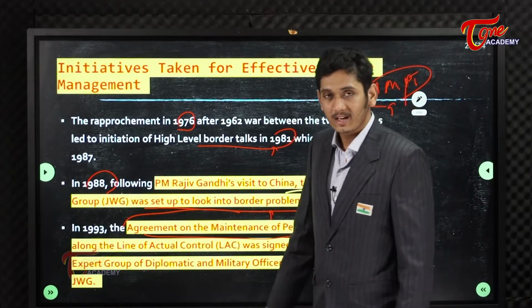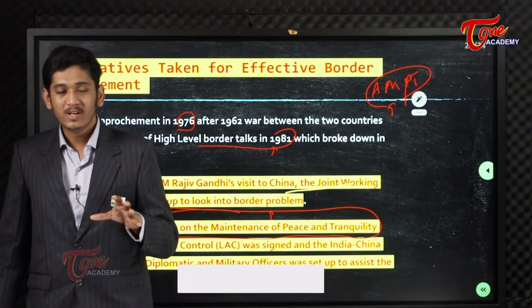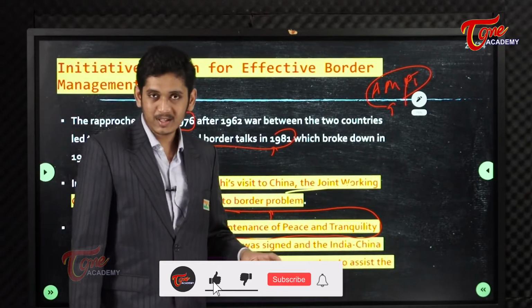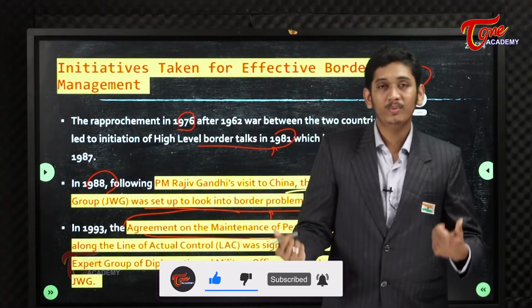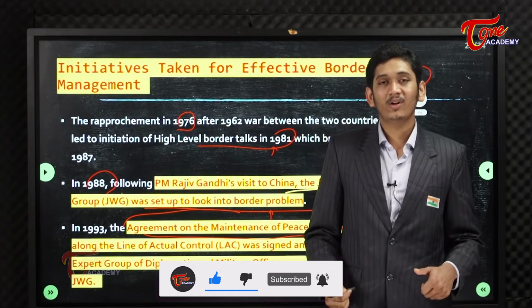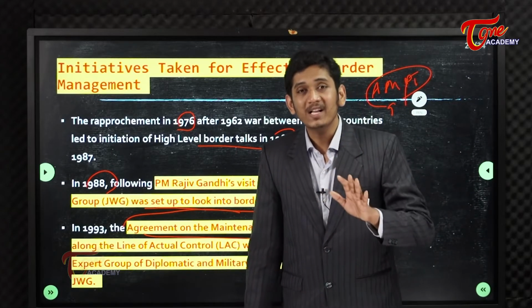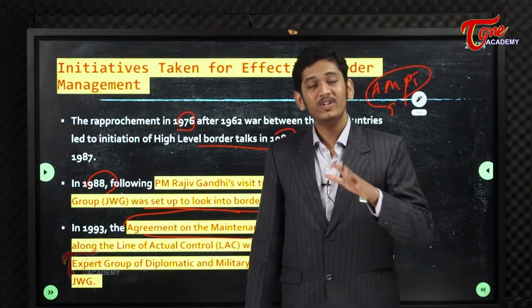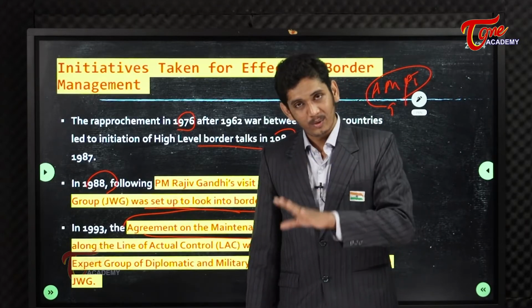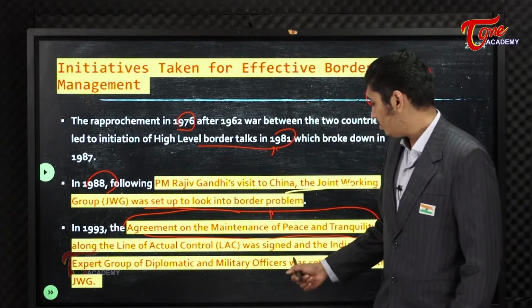In this agreement, we said we are not going to take any aggressive steps, not going to fire any weapons in that region, and no more infrastructure to be developed there. China also said they agree with our Panchsheel, that is peaceful coexistence, which was given by Prime Minister Nehru earlier. So all things were agreed and they also signed.